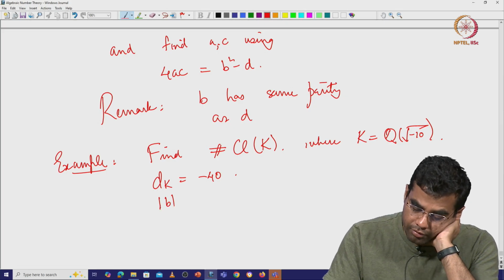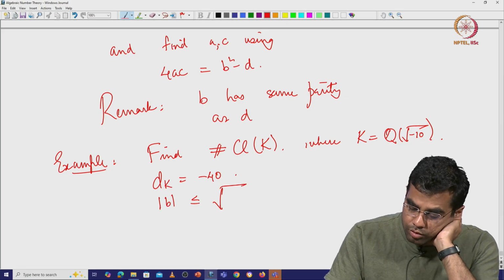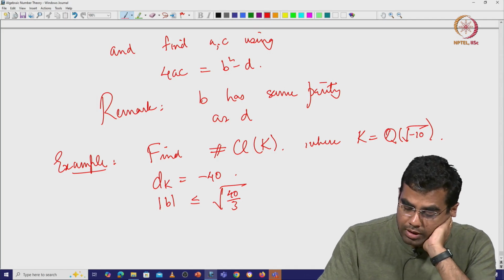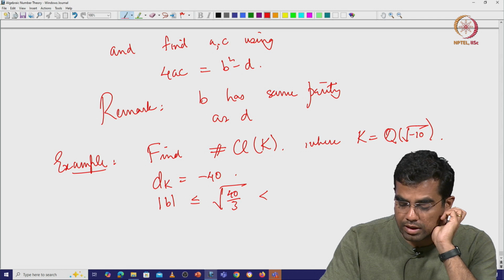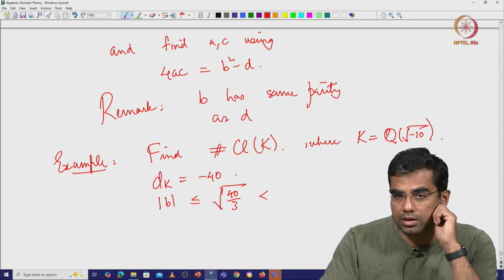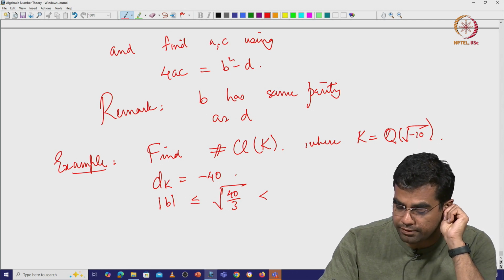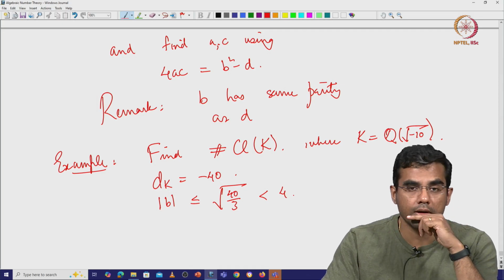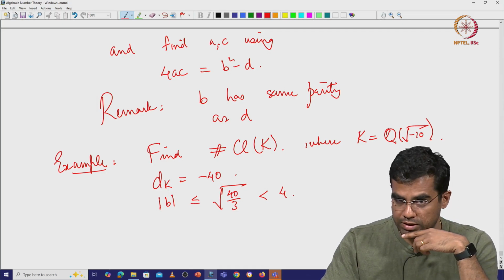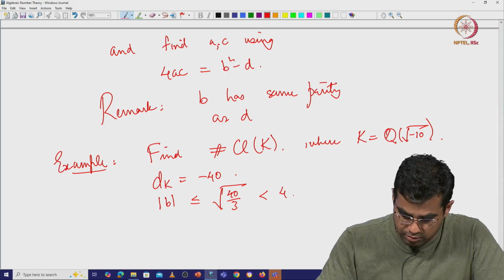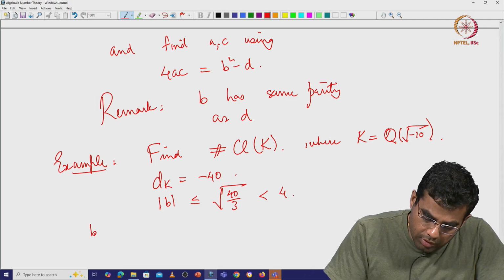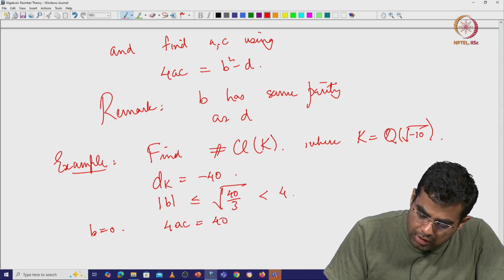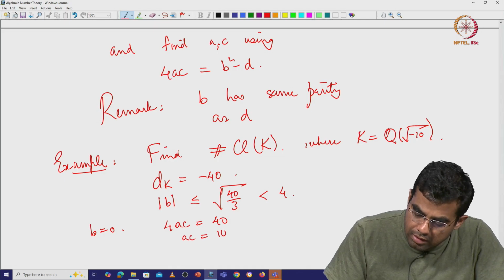And so we get mod b is less than or equal to the square root of 40 by 3. 40 by 3 is 13 point something, so the square root of 13 is definitely less than 4, and d is even, so we just have to consider even values of b. Let us take b equal to 0. Then 4ac is equal to 40, and so ac is 10.